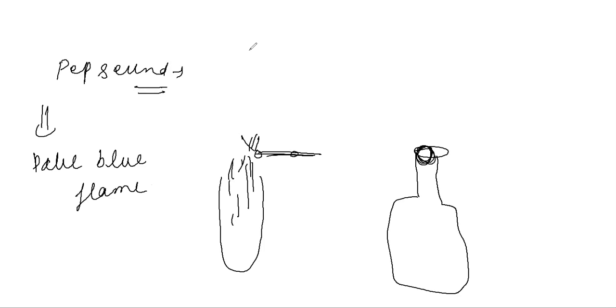It is going to burn with this colored flame. That is also a way, but the best test for hydrogen gas is the pop test. That you learned, I think.